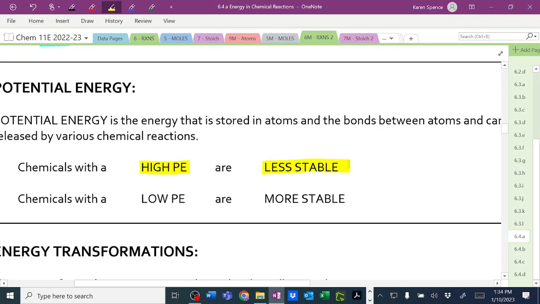They don't like being like that. There's probably a lower potential energy state that they could turn into where they'd be a little bit happier. It's like if you put a ball at the top of the hill, is that its most stable state? No, it'll roll to the bottom of the hill and that'll be a lower potential energy. That will be a more stable state. So if they have a low potential energy, that is a more stable state.